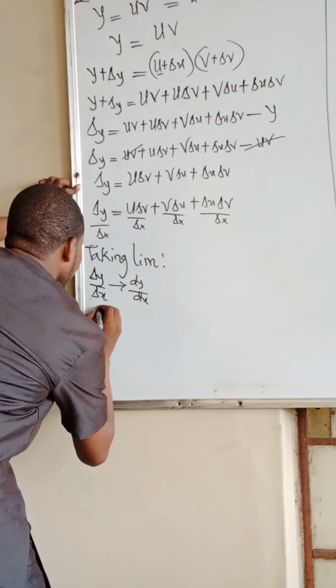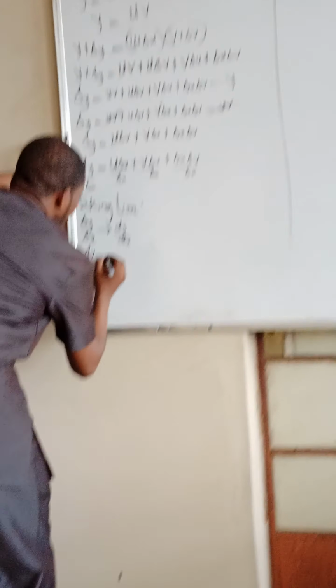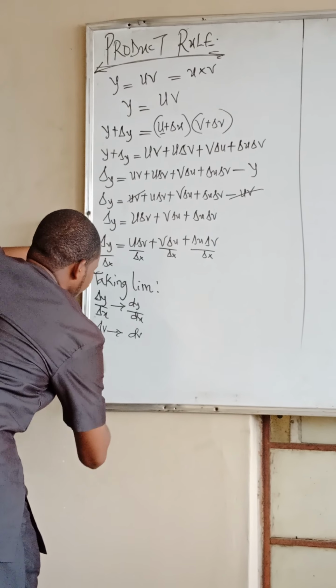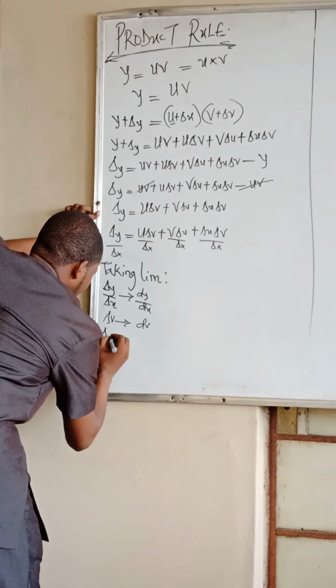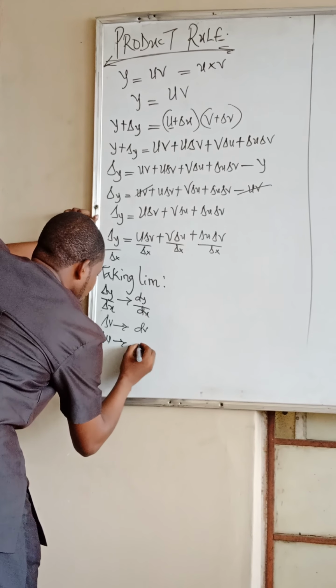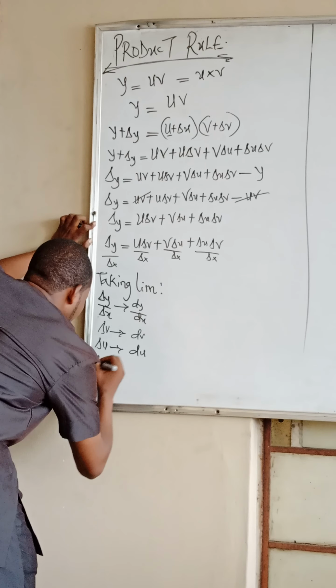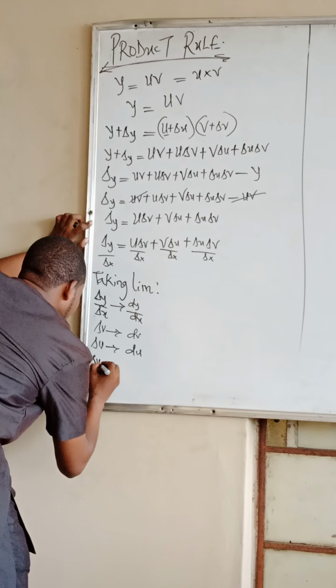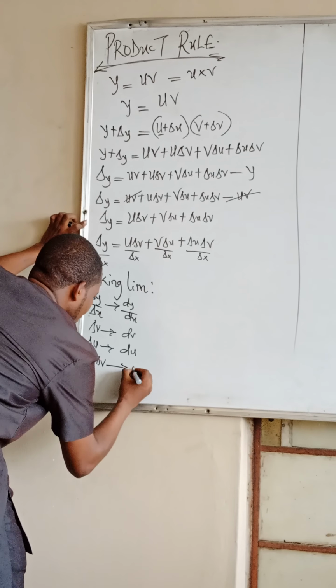Our change in v tends to dv, and change in u tends to du. You don't have two changes at the same time. The product of two changes, change in u change in v, gives us zero.